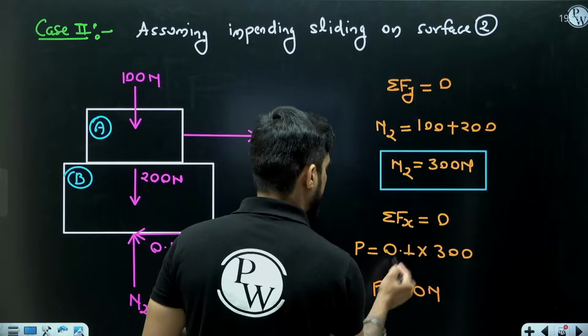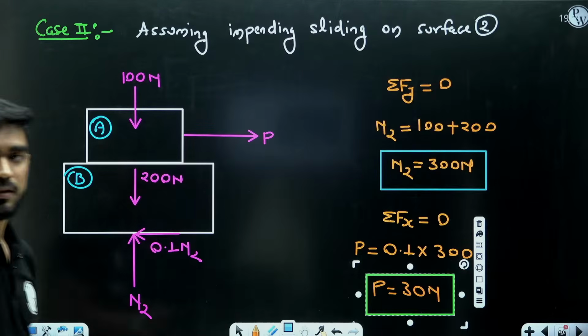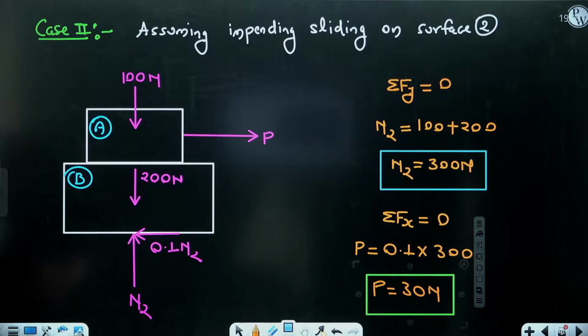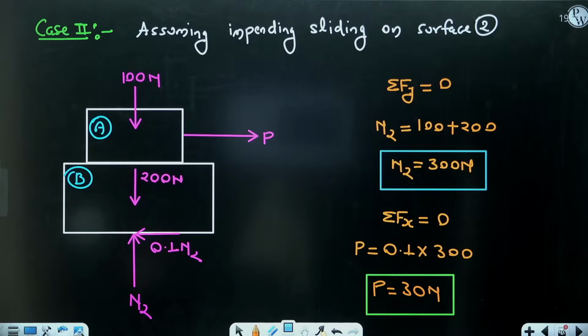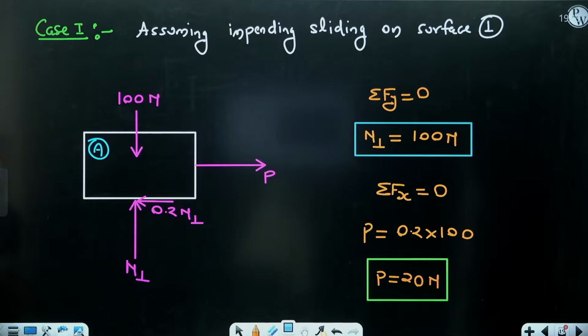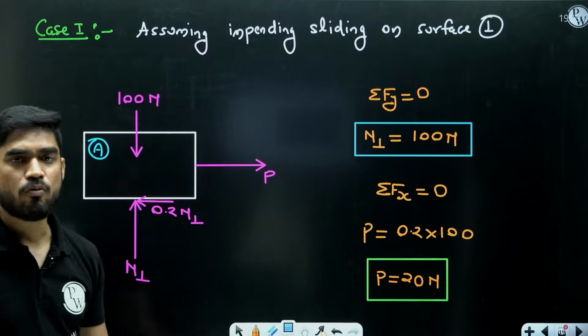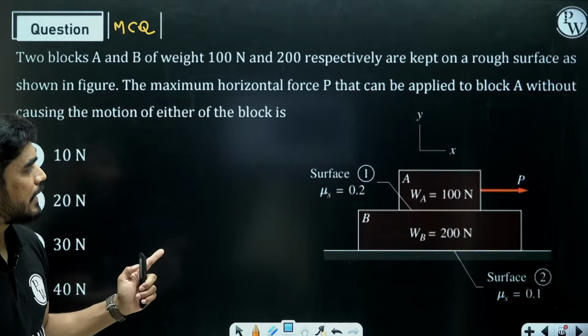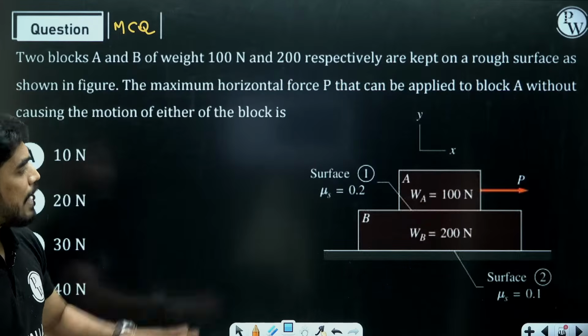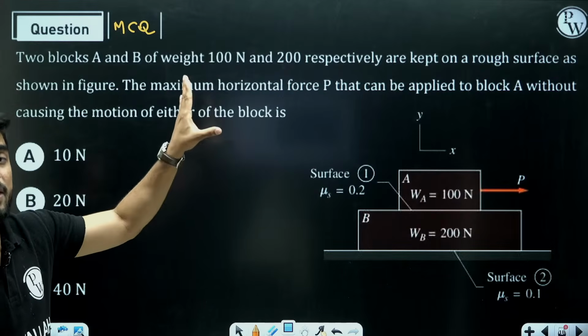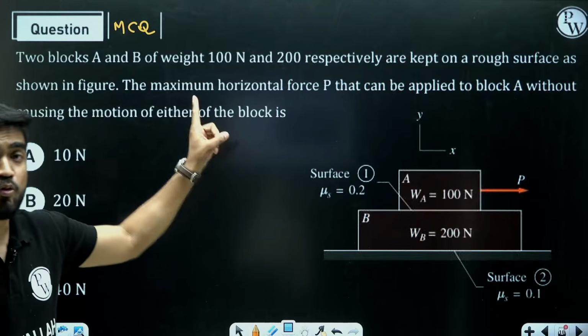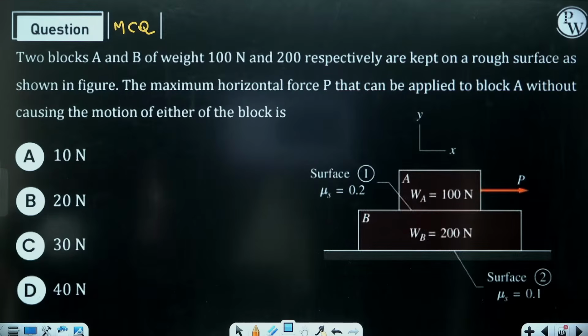So understand this one. In order to move both the blocks, you need 30 Newton, and in order to move only one block, you need 20 Newton. Now, what are they saying? They are saying the maximum force P that you can apply without moving any one of the blocks.